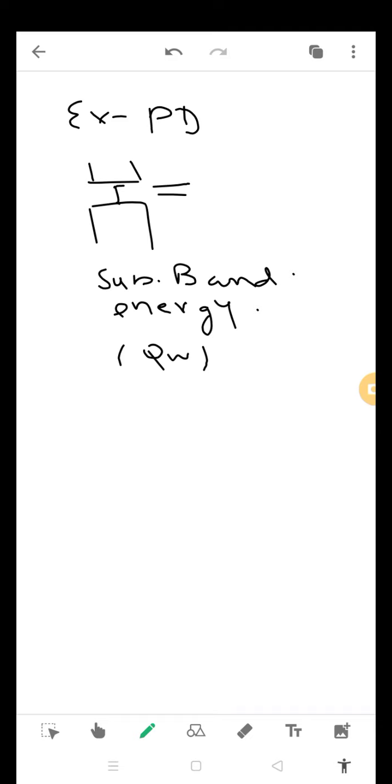And then the energy difference between these subbands is approximately 100 milli-electron volts. These are also called excitonic levels, and such devices are used for far IR detection.